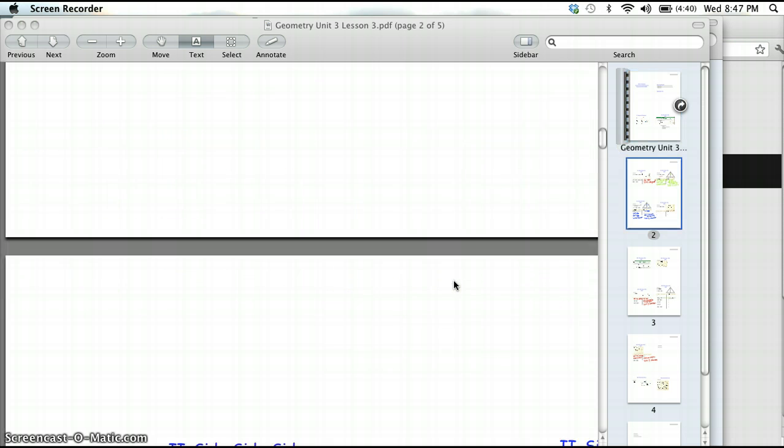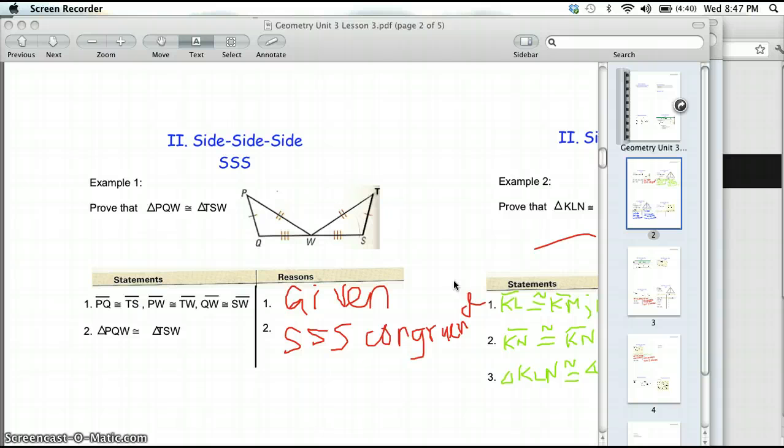So let's go down here to side, side, side, the actual proofs. Now it says here that we need to prove that triangle PQW is congruent to triangle TSW. Now basically here the statement is that PQ is congruent to TS, and that PW is congruent to TW, and finally QW is congruent to SW.